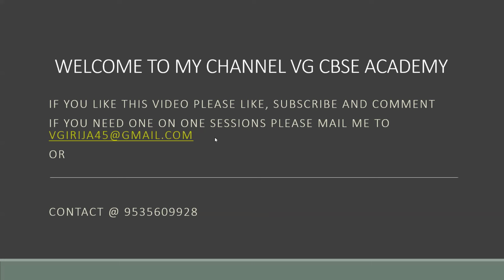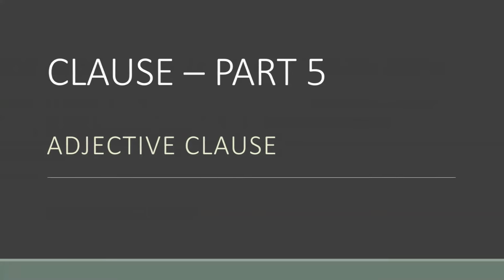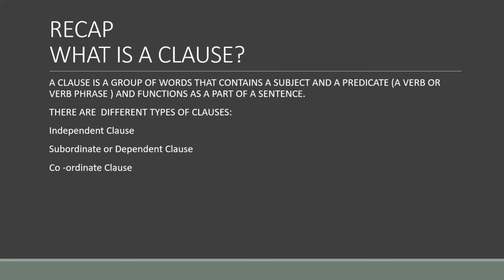Today we are going to learn about clause part 2, that is adjective clause. Let us recap what is a clause. A clause is a group of words that contains a subject and a predicate, a verb or a verb phrase, and functions as a part of a sentence.